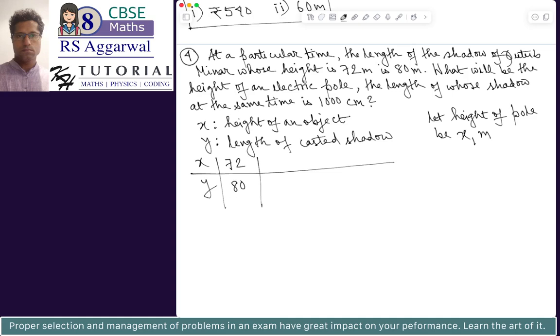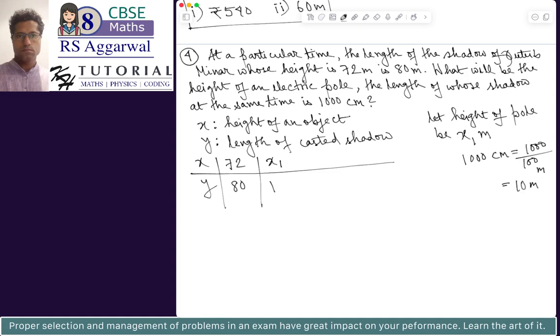So we can add another data in this table, which is x1, and the length of the shadow for the pole is given to be 1000 centimeter. Since we are considering x and y all in meters, 1000 centimeter is equal to 1000 divided by 100 meter. This is equal to 10 meter.